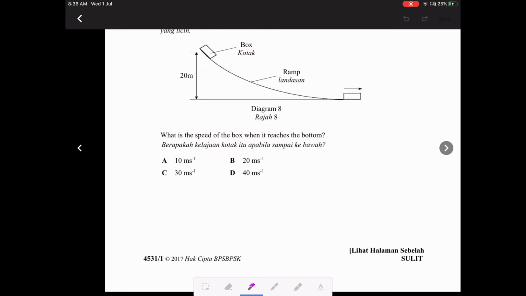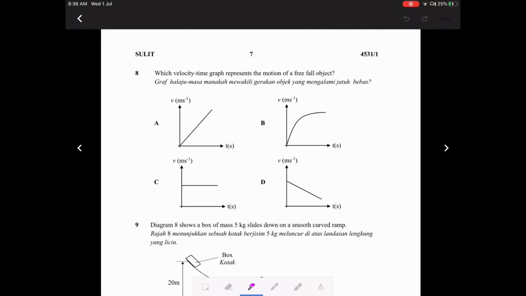Okay. So, next question number 8. Okay, which velocity time graph represent the motion of free fall? So, objek yang dikatakan sebagai free fall, dia jatuh ke bawah macam ni. Okay, so bila dia jatuh ke bawah, ini ialah ground. So, apa saja objek yang jatuh secara menegak, dia akan ditarik oleh tarikan graviti.